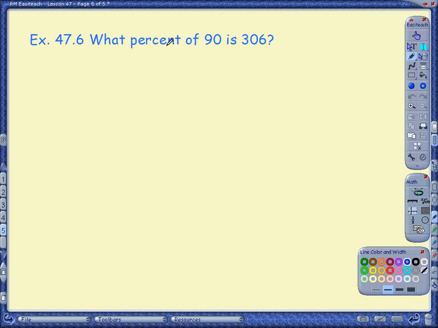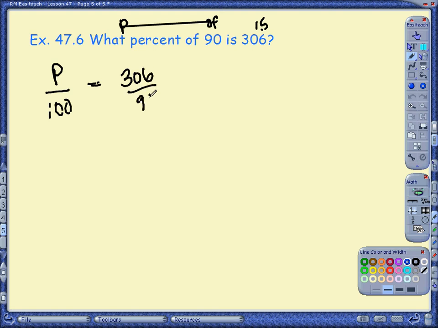Okay, what percent of 90 is 306? So this is the percent, this is the of, and this is the is number. So we're going to put P, since the percent is missing, over 100 equals 306 over 90.